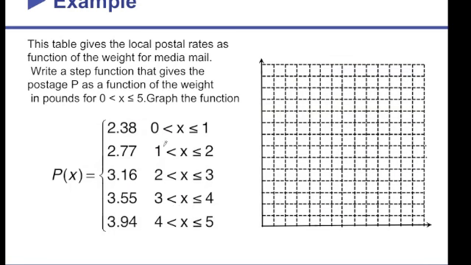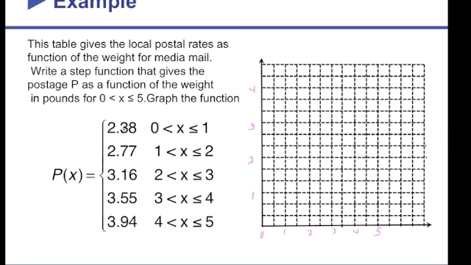I'm going to try to graph this function. Well, the number on the bottom, 0, 1, 2, 3, 4, 5. And I think I can do 1, 2, 3, 4 dollars up the side.